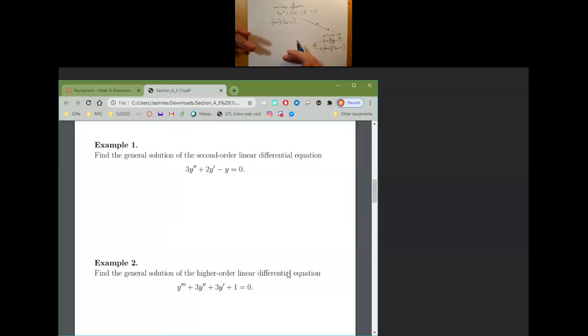You don't have to hone your factoring skills technically, but it saves a lot of time, so that you can get your roots out of this immediately. You get m equal to -1 or m equal to positive 1/3. Okay, so we have the roots.